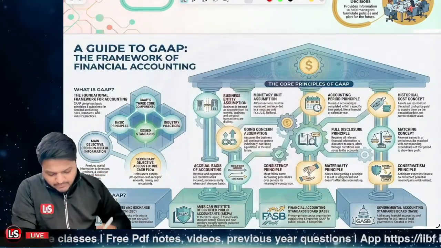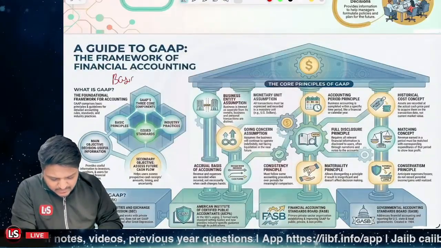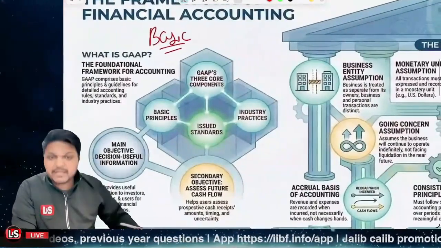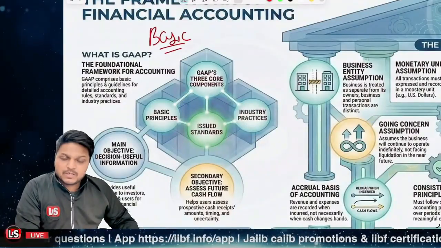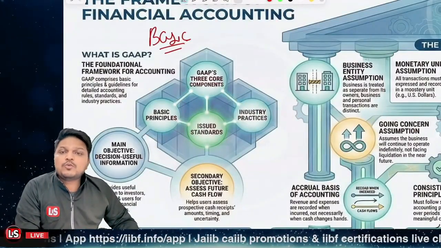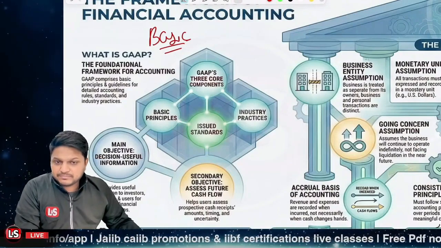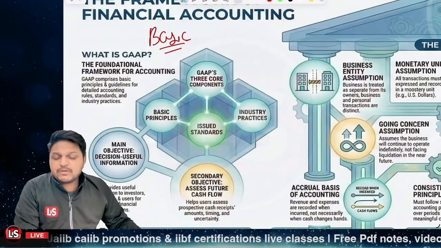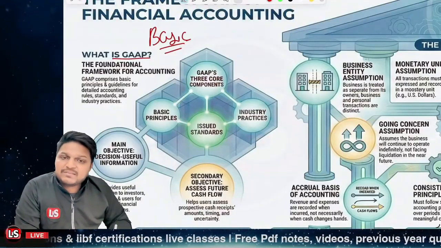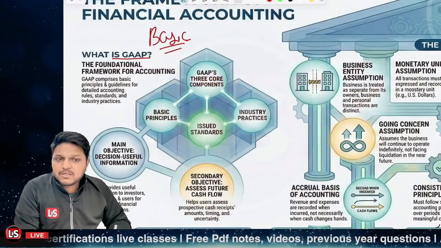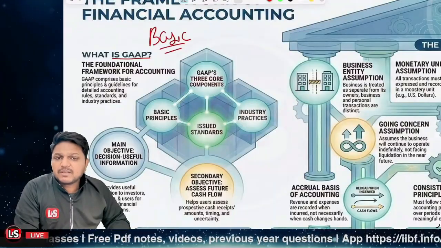When we are talking about the GAAP, these are the basic principles, right? They provide us with the framework. They tell us the accounting rules and standards, which are industry specific. So when we talk about the GAAP, we are talking about the basic accounting principles and the industry-specific accounting practices, right?